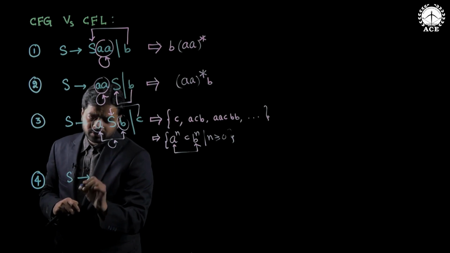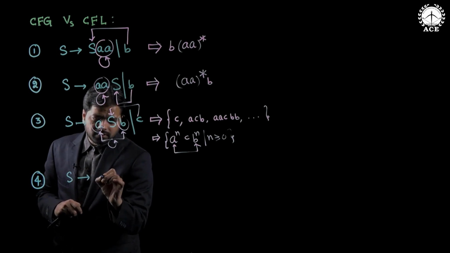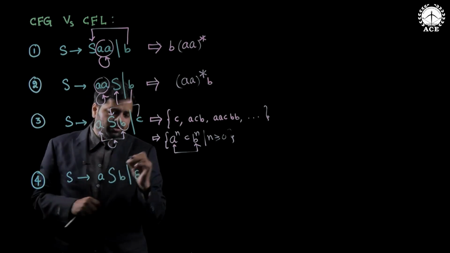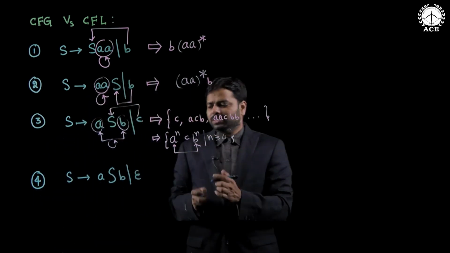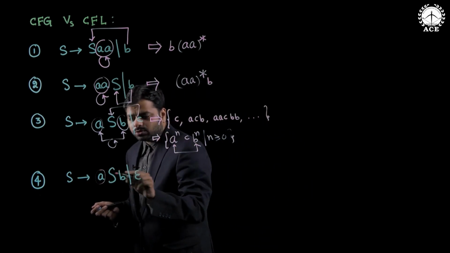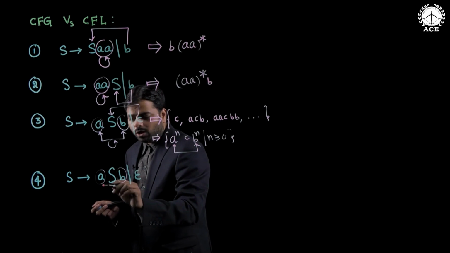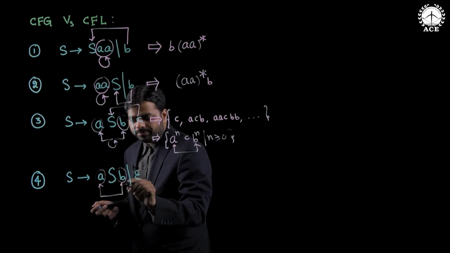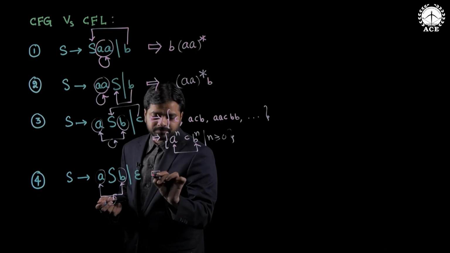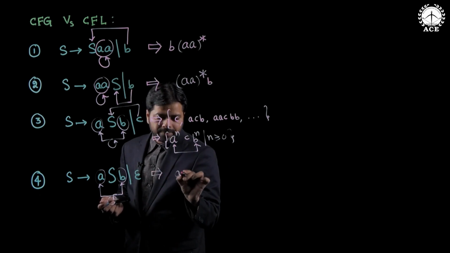Next, suppose you have A, S, B or epsilon, then the concept is same. The A and B is going to be repeated, no doubt, but how many times is it going to be repeated? Equal number of times. So you have to write A power n, B power n.